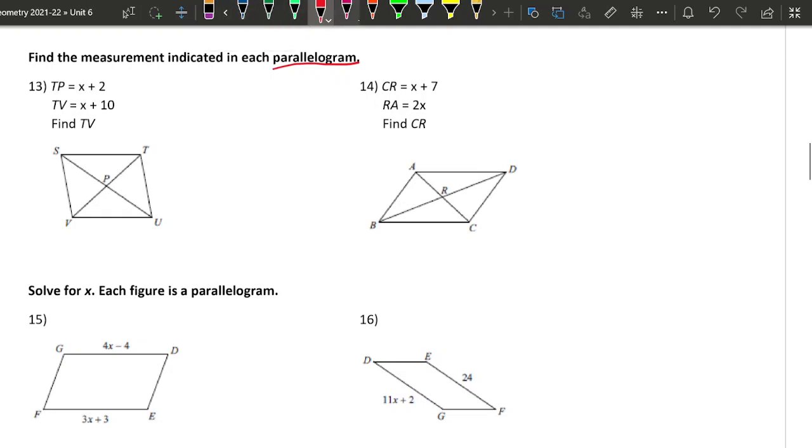So I have a parallelogram, and it tells me that TP equals x plus 2. Here's TP, all right? And then it says that TV is x plus 10.